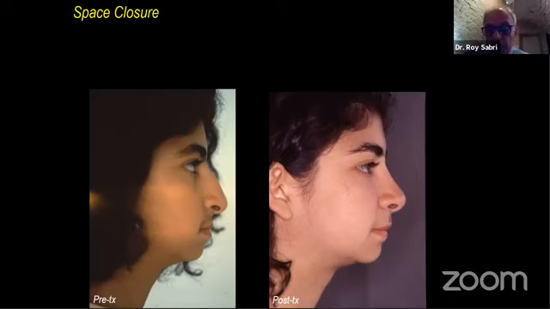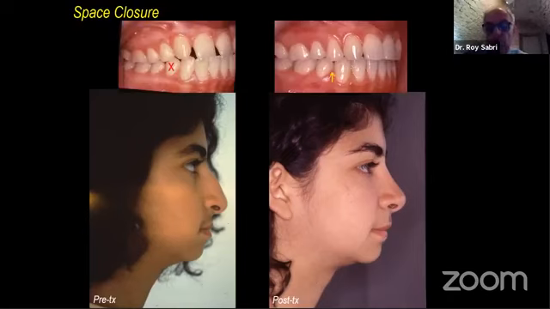Look, she has a good profile now. Interestingly enough, at that time, it was a long time ago, I proposed to do some build-up. She said, no, they look fine to me. We didn't do build-up, which is good.